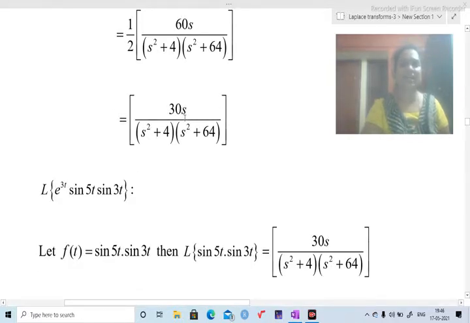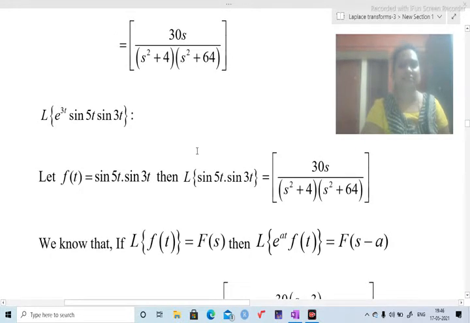Now we are going to apply first shifting property to evaluate the Laplace transform of the given function, that is L of e power 3t into sin 5t sin 3t. Observe, we already found the Laplace transform of sin 5t sin 3t as 30s divided by s square plus 4 into s square plus 64.